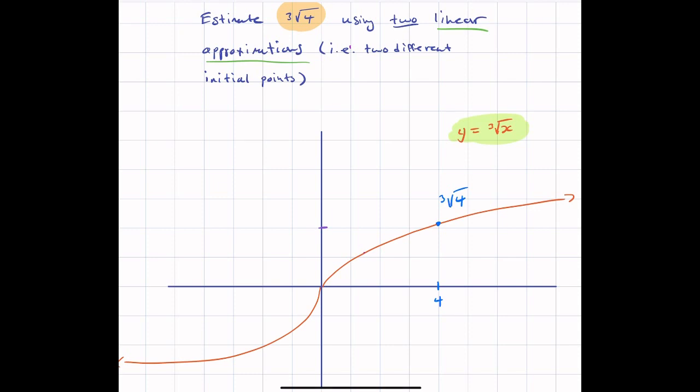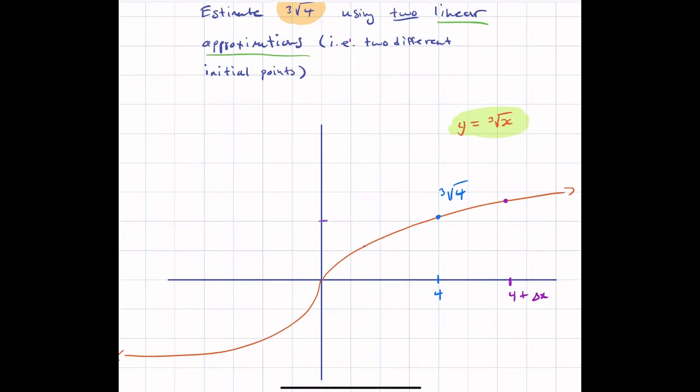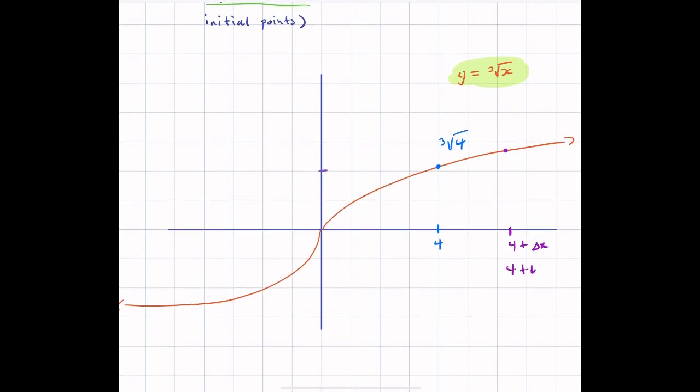Well, suppose I can't find that explicitly. What I can do is take a point nearby. So I can take 4 plus delta x, or 4 plus h, whatever you want to call it, and I can get the tangent line at this point.